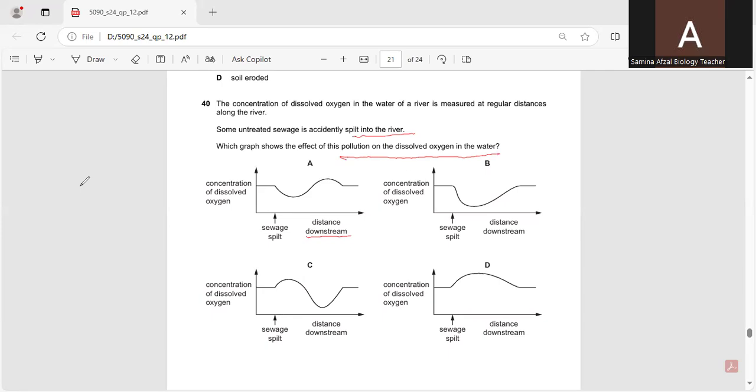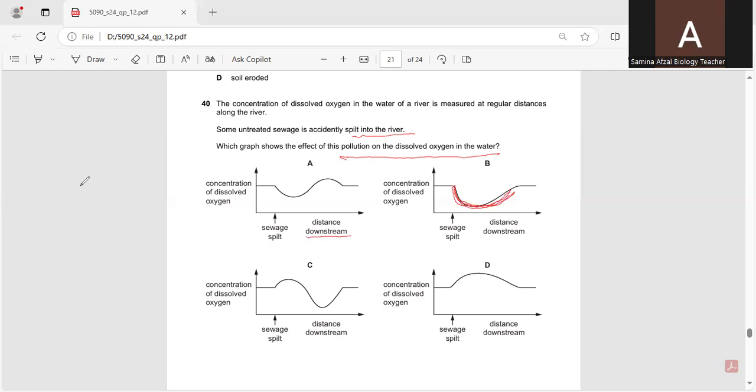In A, you can say the concentration of oxygen is decreasing, then increasing, then it becomes level. And in B, when sewage is spilled into it, the concentration of oxygen is decreasing. It means more bacteria are growing in it.